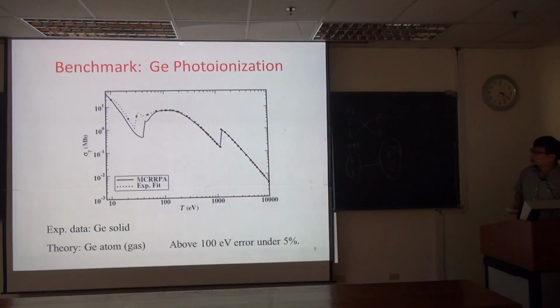So as a benchmark, we have calculated the germanium photoionization first. We can see above 100 eV, our calculation is in good agreement with the experimental result. There are some problems at about 10 eV, but that comes from the difference between theory and experiment, because the experiment uses germanium solid, but our calculation is for single atoms.